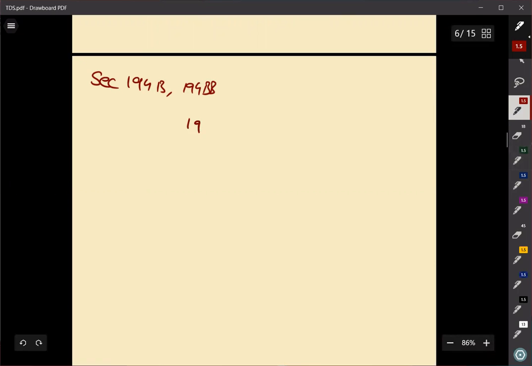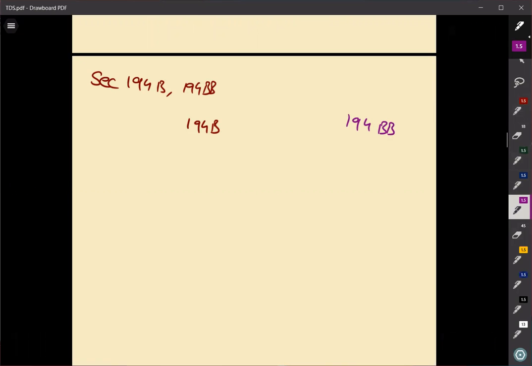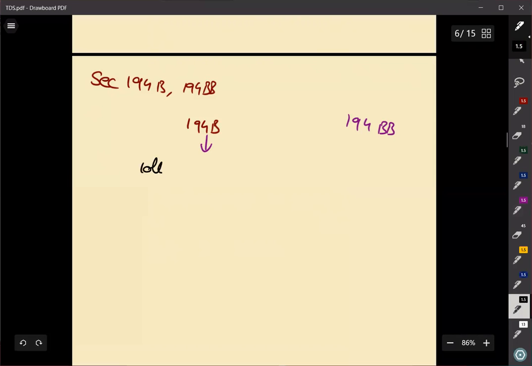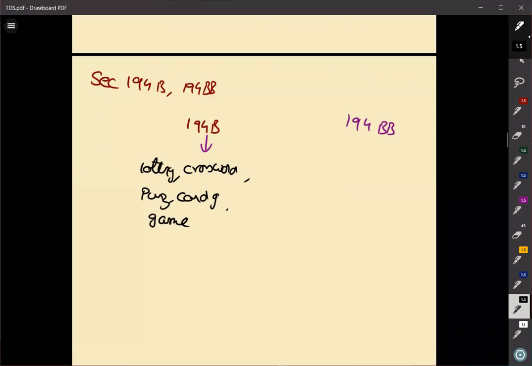Let us try to see. 194B is nothing but whenever you are having any sort of income, especially from lottery, winnings from lotteries, winnings from crossword puzzle, winnings from any sort of puzzles, any sort of card games, any games, whatever game you play, if you get any sort of money, then ultimately 194B is applicable.